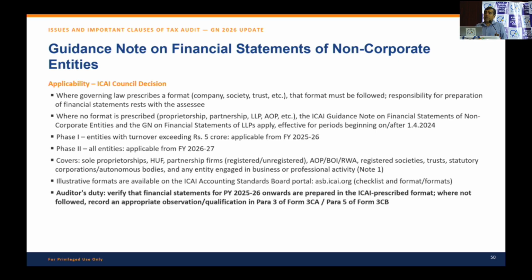Mind you, this benefit is applicable only for formats and not for following accounting standards. So just keep in mind that accounting standards for even those non-corporate entities are applicable the way they are. All this deferment has happened only for formats. So this is something which one should keep in mind while we are doing this audit.